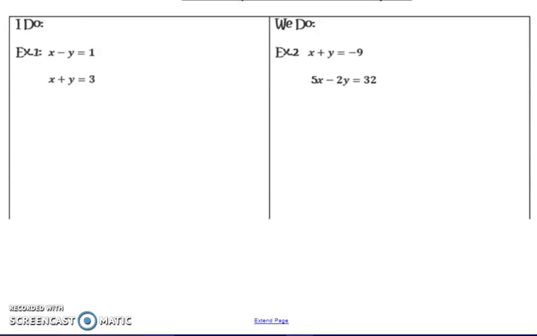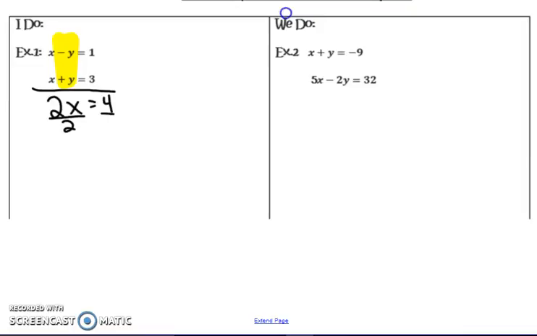Now, example 1 is a review from yesterday. We have two equations that are in standard form. If I look, my x's are not opposites, but my y's are opposites. So in this case, my y's are going to cancel out, and I'm going to be left with 2x is equal to 4.